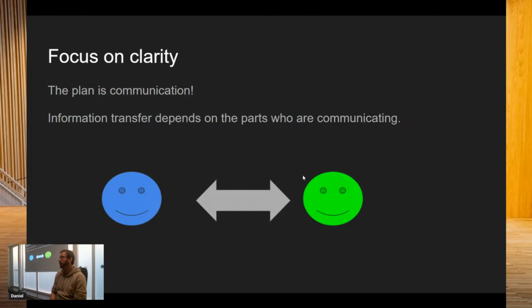So if I say, okay, you should manually test this app, I should think when I'm writing this plan: do you know how to do this? Do you have everything that you need? Or do you at least have someone that you can ask? So it's communication, and we want to transfer information.